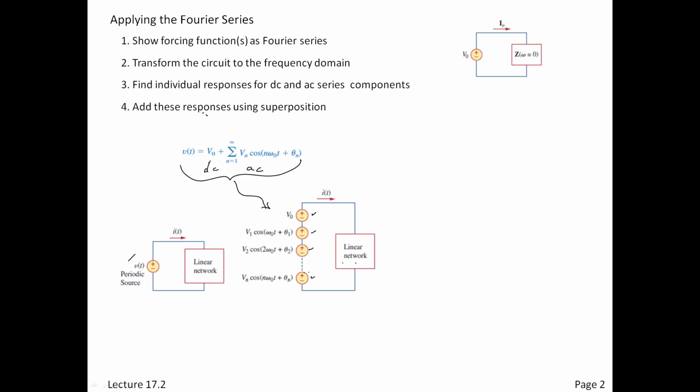So here we are solving it for the DC term. Here we are solving it now in phasor form. Remember, here is the time domain, right? And we convert that to the frequency domain.